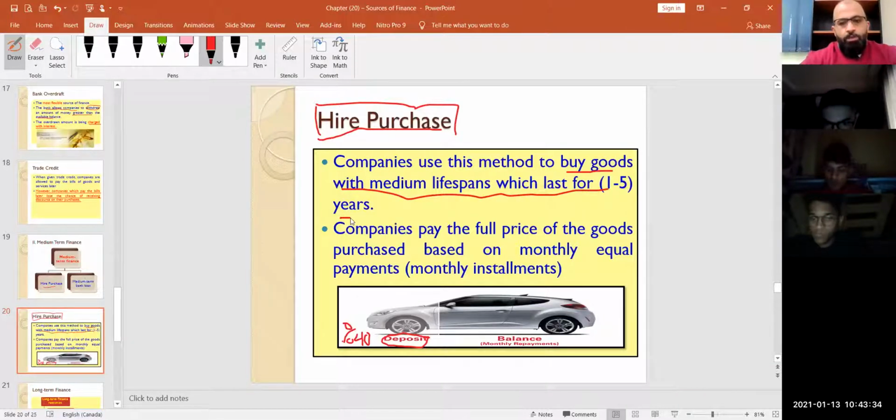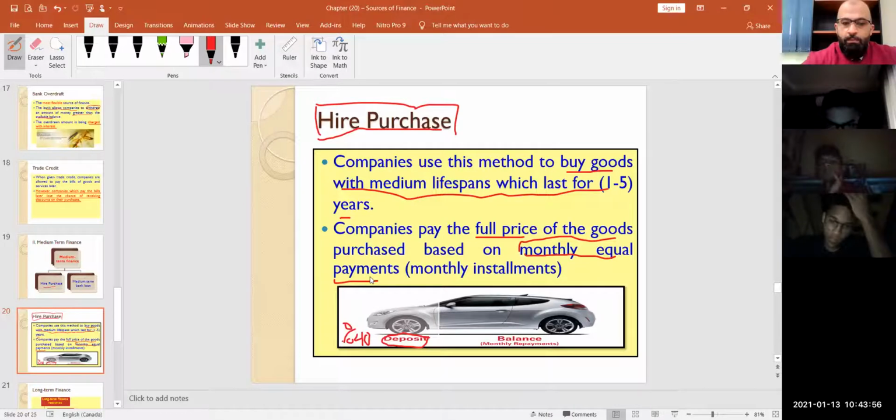Companies pay the full price of the good purchased based on what? Monthly equal payments. Can anybody guess the meaning of monthly equal payments in Arabic?